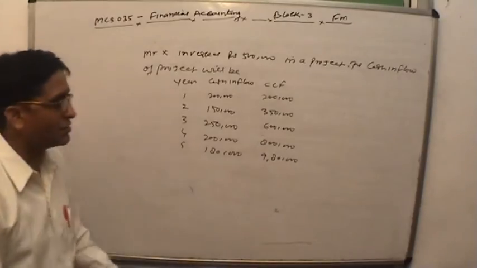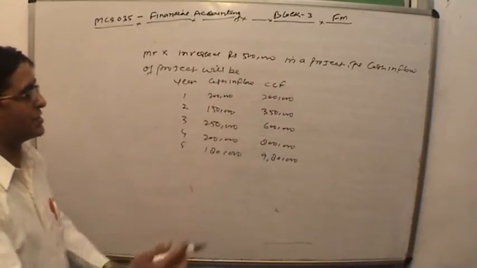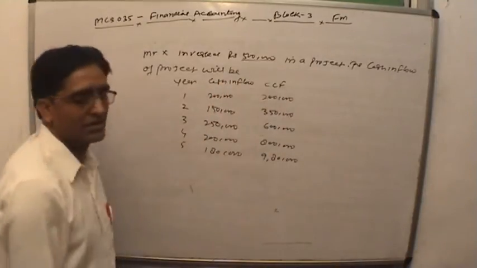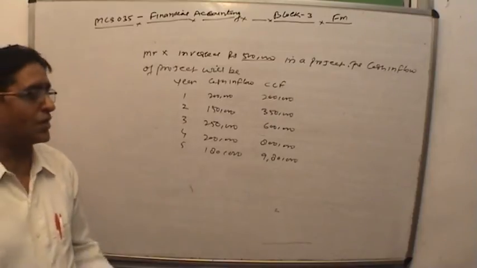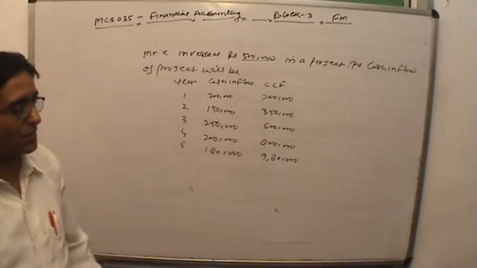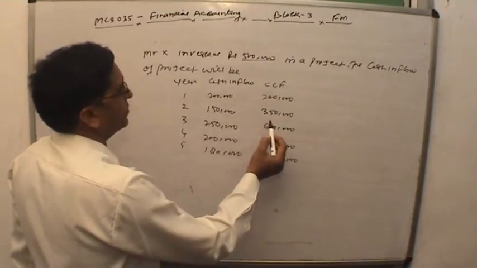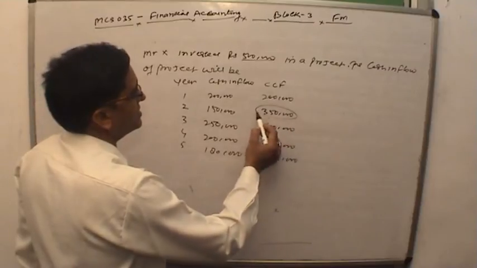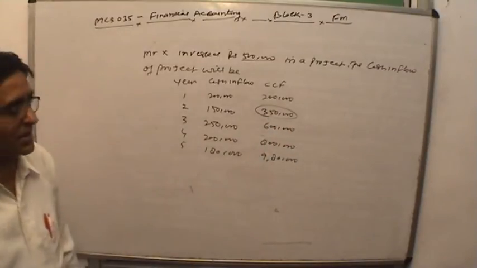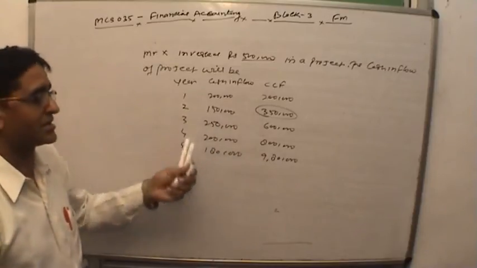In this case, you have not reached the exact amount of rupees 5 lakh. Then how do you calculate the payback period? We take the nearby cash flow, which is rupees 3 lakh 50,000, reached after 2 years.